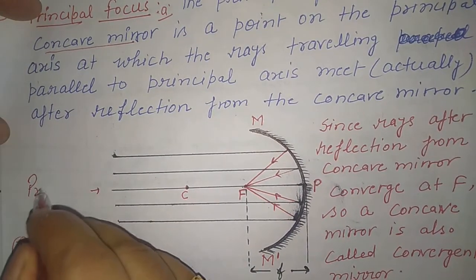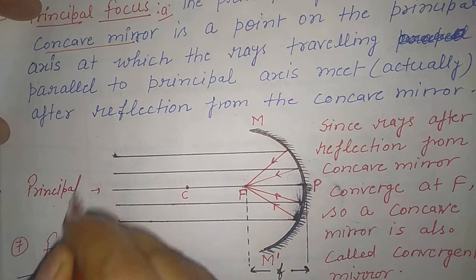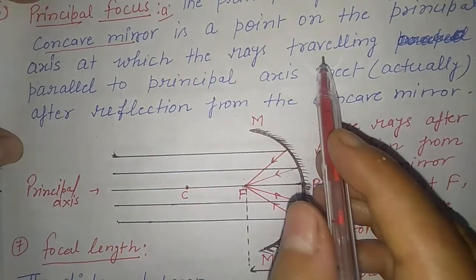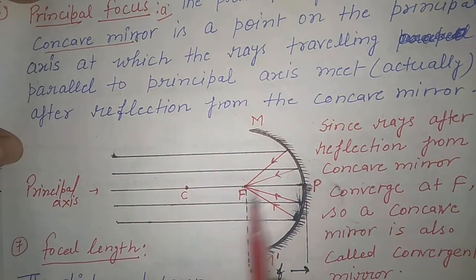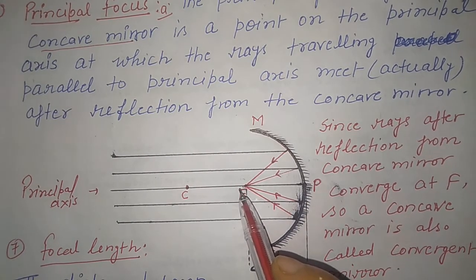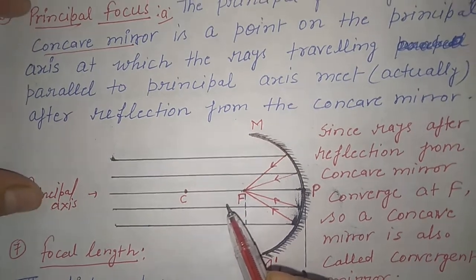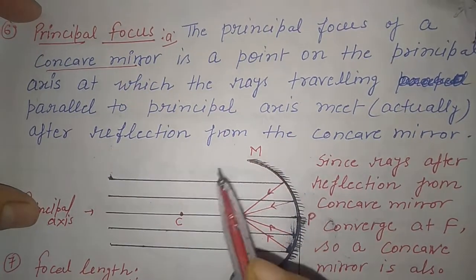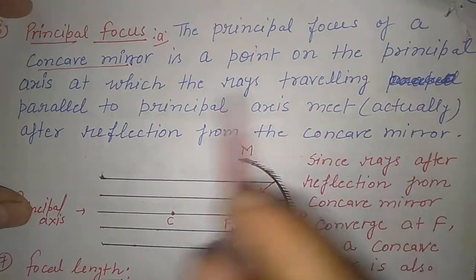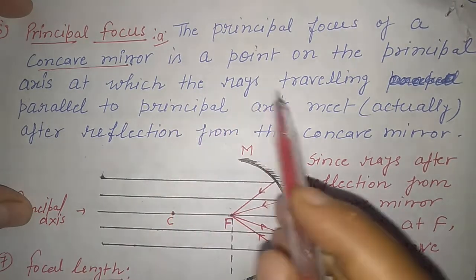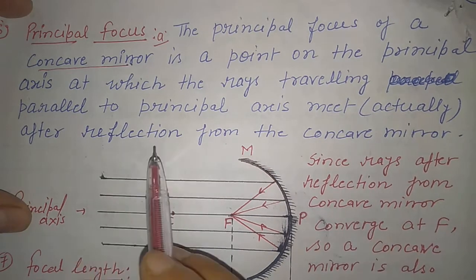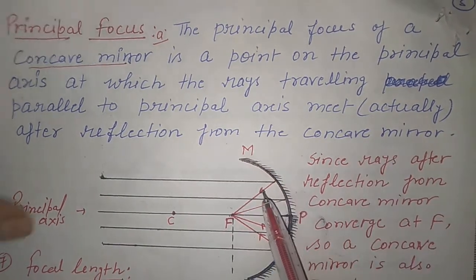It is a point on the principal axis at which the rays traveling parallel to the principal axis actually meet after reflection from the concave mirror. That point is known as the principal focus of the concave mirror.